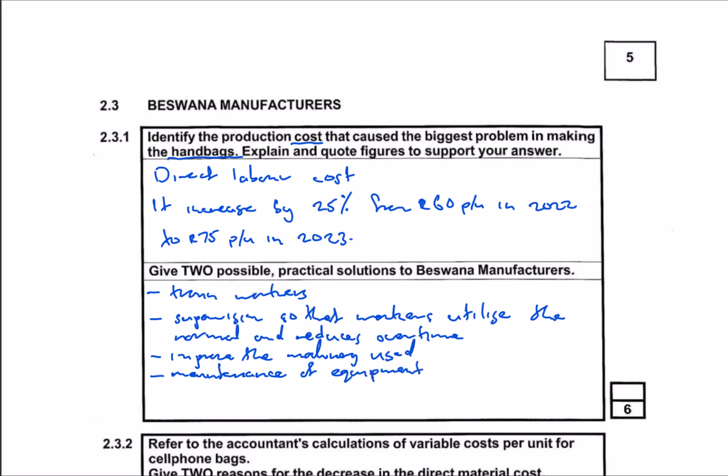If you maintain equipment, they function better, and then the cost of running them becomes lower. And again, you can remove old equipment and replace them with new equipment that has low cost of maintenance or running.